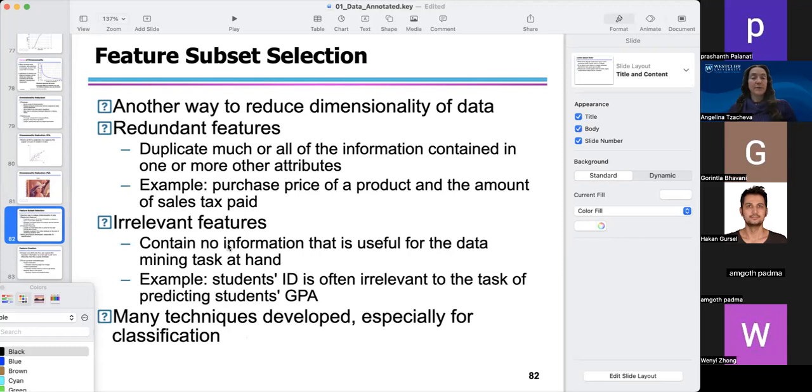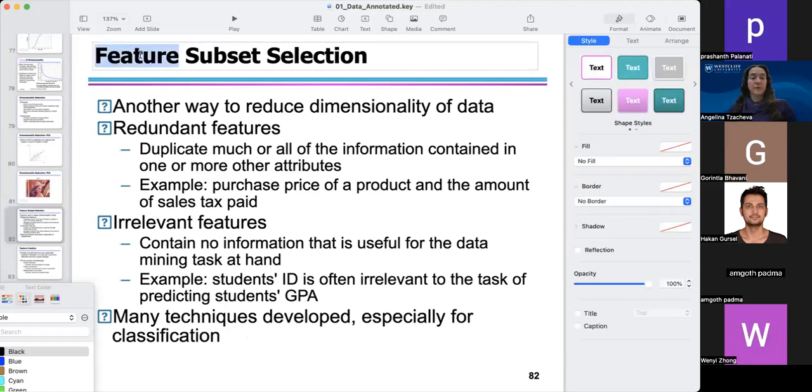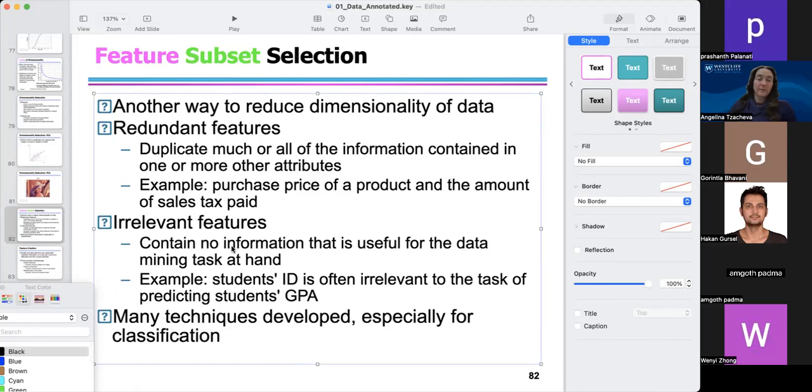we would choose specific attributes that work for us. So we could select out of the entire data a subset and do preliminary analysis on the subset.